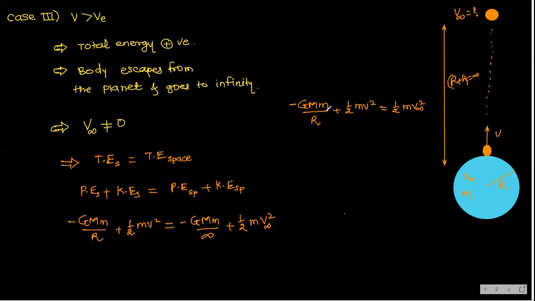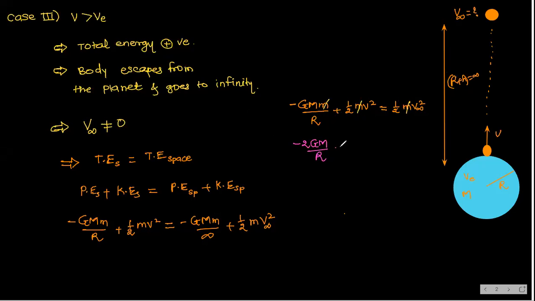Now I am multiplying on both sides by 2. What am I getting, you see? First I will cancel this m throughout. Now multiplying with 2: minus 2GM by r.